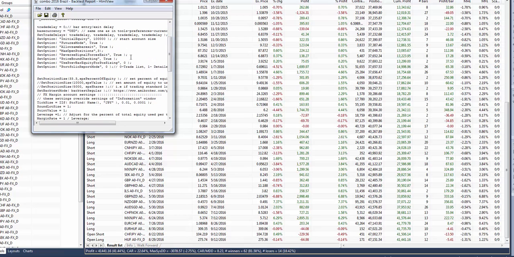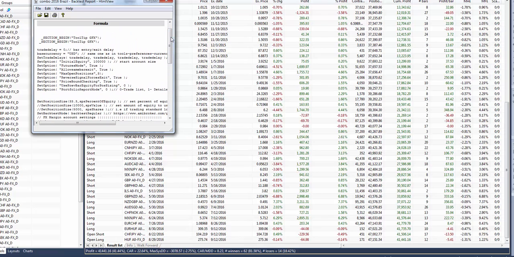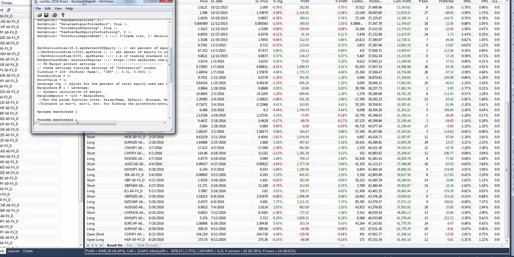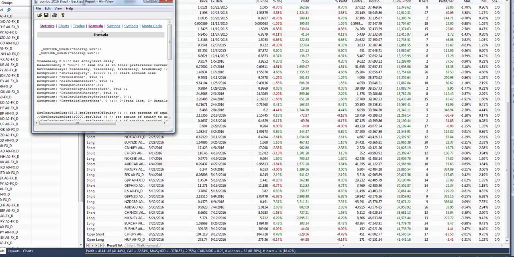Use 33 1/3% for each position of the total value. So you were never more than 100%. You never had more than 100% of your money in at any time. And leverage is 1, which means there really isn't any. And so that's important, right?